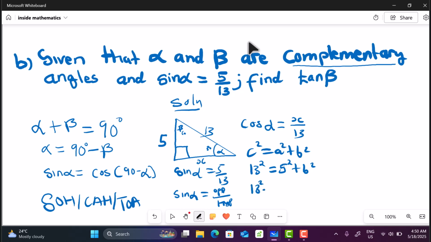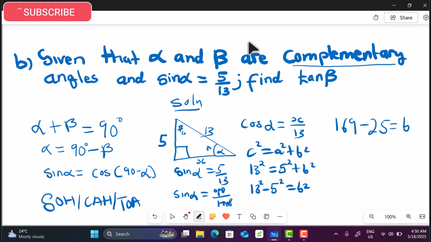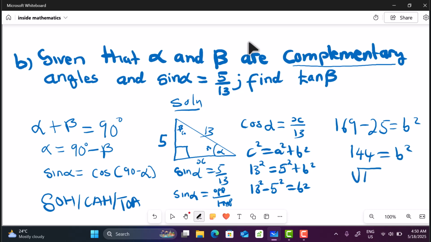Let's say 13 squared minus 5 squared is equal to b squared. So 13 squared is 169 minus 25 is equal to b squared. 169 minus 25, we get 144. So we take the root on both sides. What you do on the left hand side, you do also on the right hand side. Here we get 12 is equal to b. So we can confirm that here is 12.